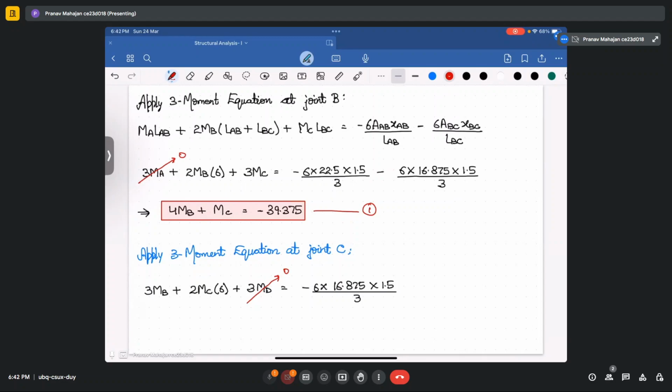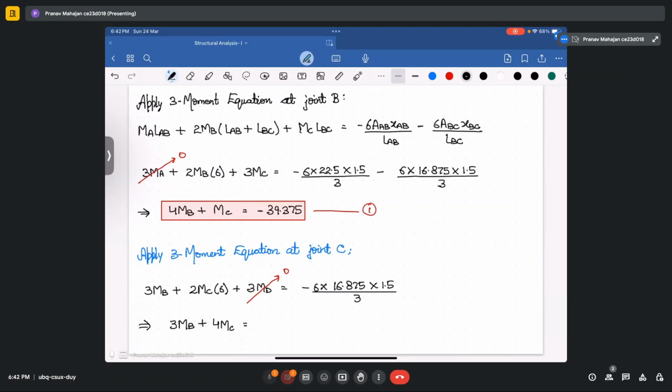So what is the final equation we'll get? On rearranging, we will get 3MB plus 4MC, it will be equal to, let me see this.